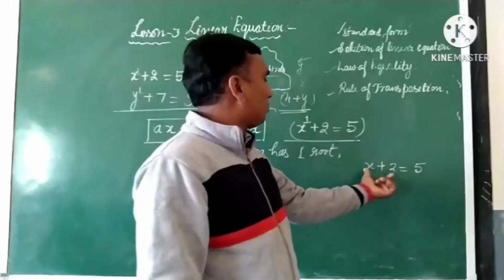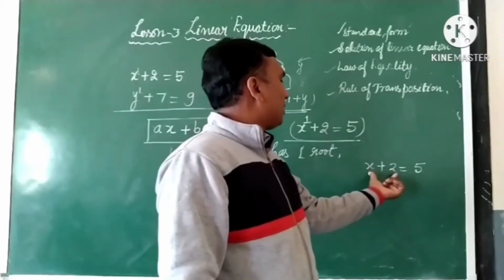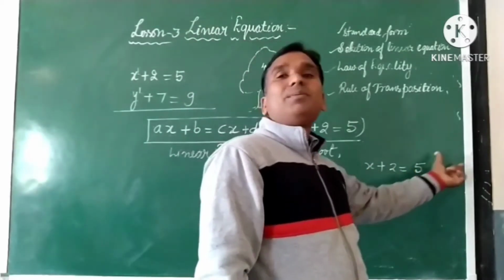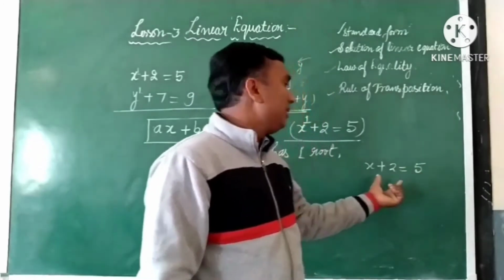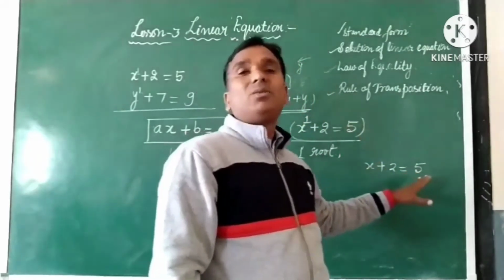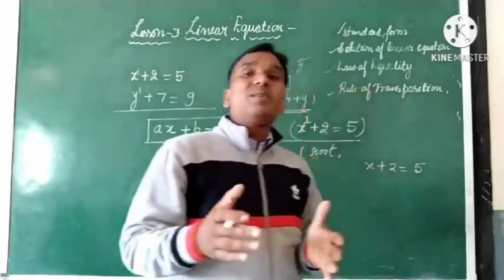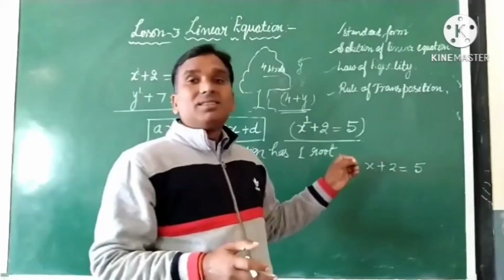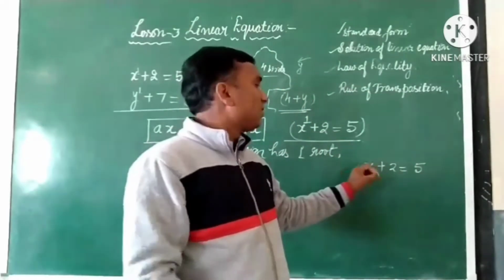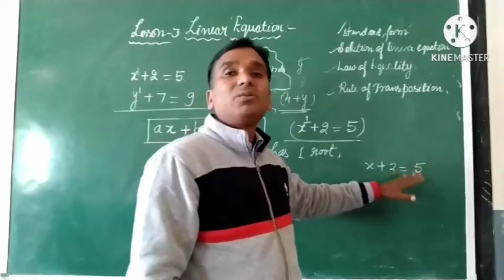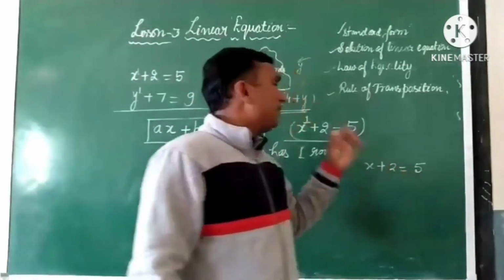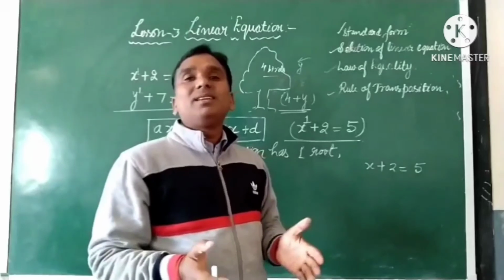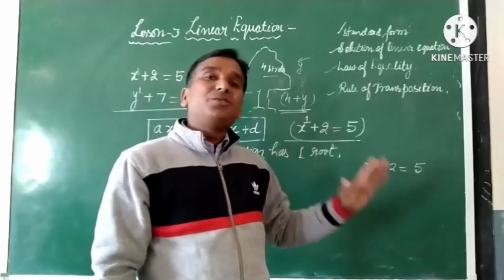So here also, in this equation x plus 2 equal to 5, if you add the same quantity to both sides, it will be equal. If you subtract the same quantity from both sides, in that case also the equation has equal value. If you multiply by the same quantity, the equation will not change.